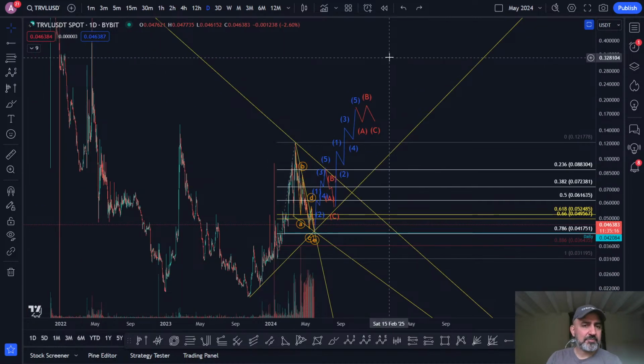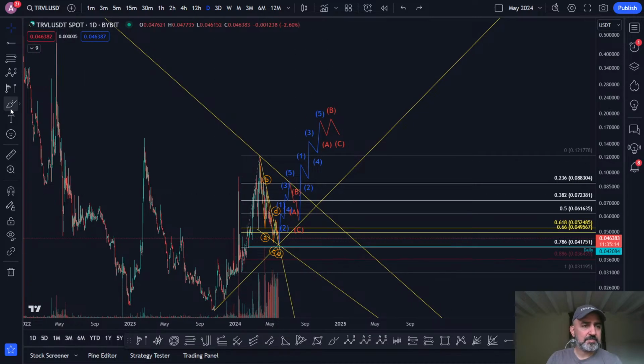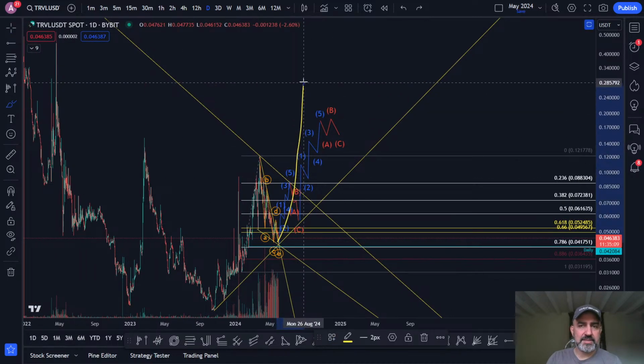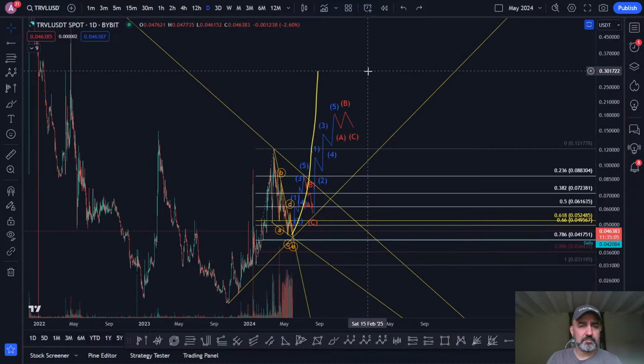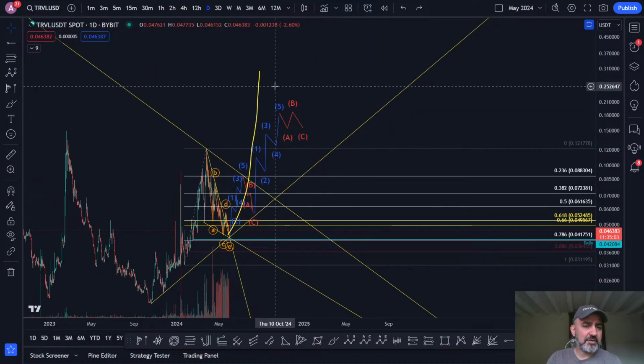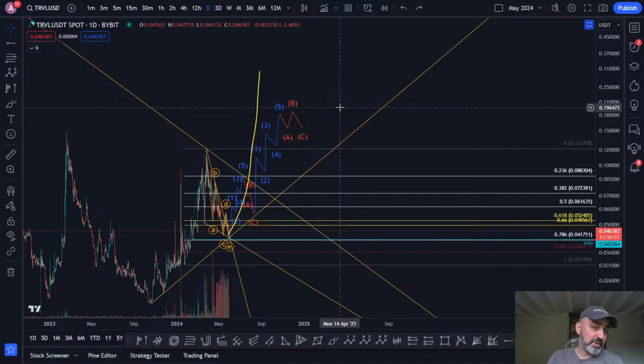If we get that kind of price action, which is basically 5 waves, 3 impulsive, which is the wave 3 taking us to 30 cents like that, then I'll be looking for a little bit more of a flat correction. I'm not looking for such a deep correction. It's always possible.